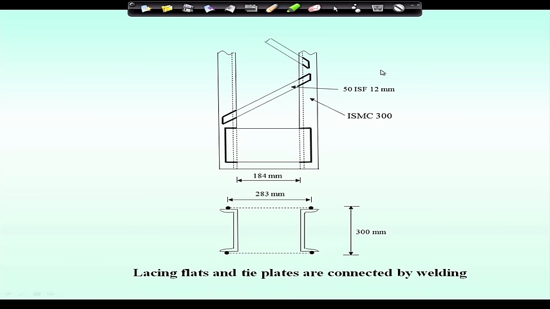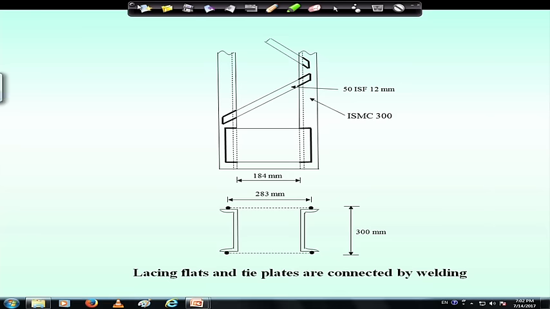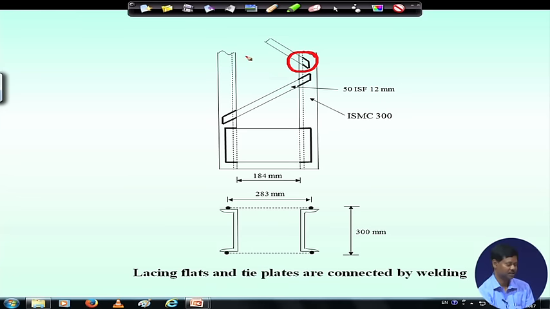So, the drawing will be like this. This is how the connections have been made at each end, and for the tie plate the connections have been made like this, right. So, when we are doing weld connections we have to do it this way.